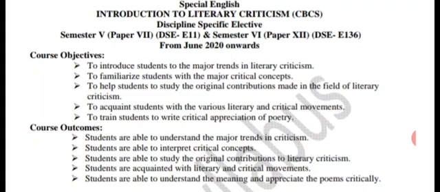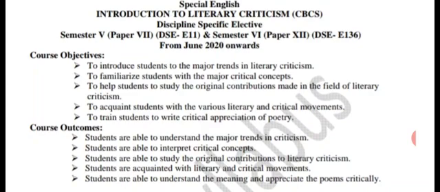What are those definitions? This is the basic part of it. When you learn about the original contribution for that particular literary theory, you will come to know who the original contributors are and what they had done in that particular literary theory.